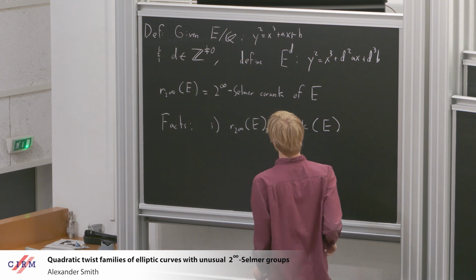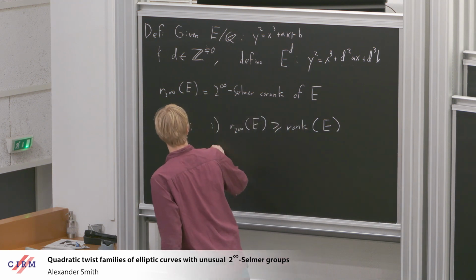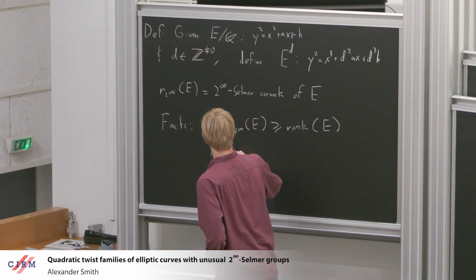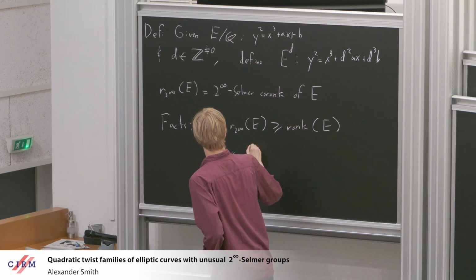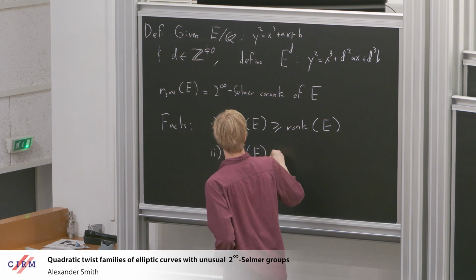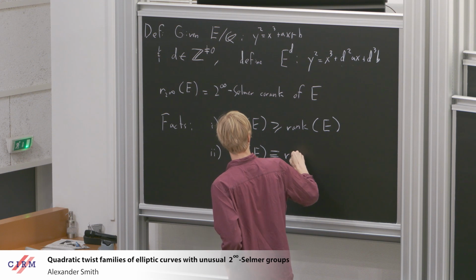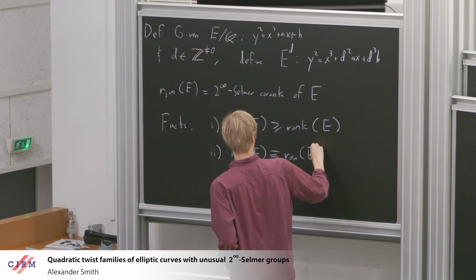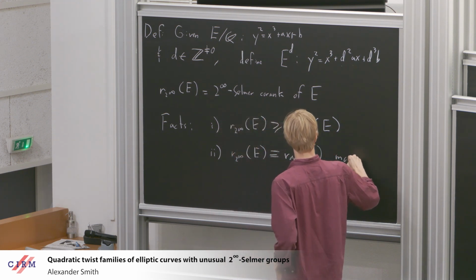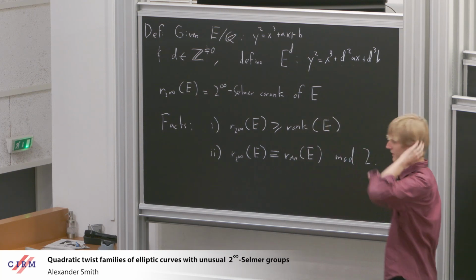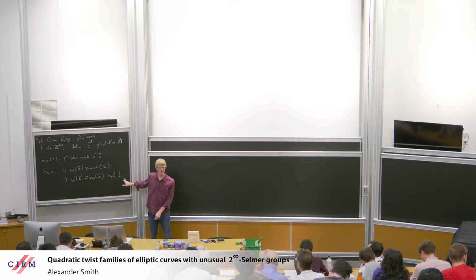That's thing one. And then the second fact is that it has the same parity as the analytic rank of the elliptic curve. Okay, so these are both pretty weak.